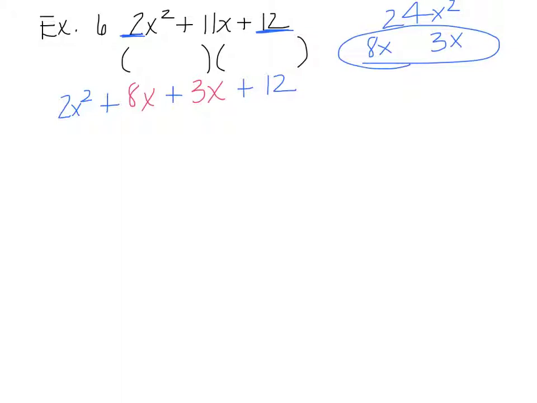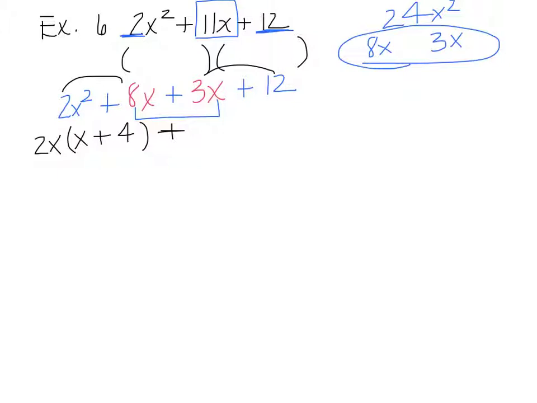So these two in the middle should add up to this number here. Okay? Then when we do grouping, we're going to group the first 2 terms and the second 2 terms and use our GCF method. Well, the first 2 terms have a 2x in common, so that'll leave x plus 4 plus.